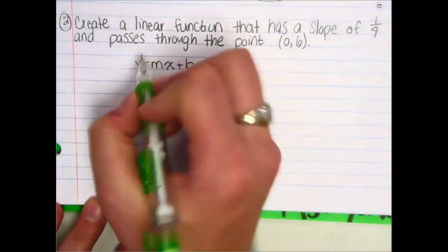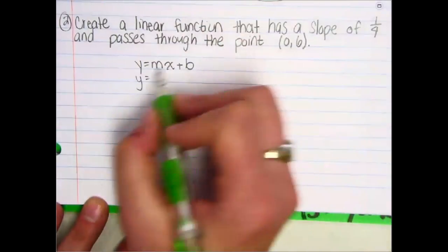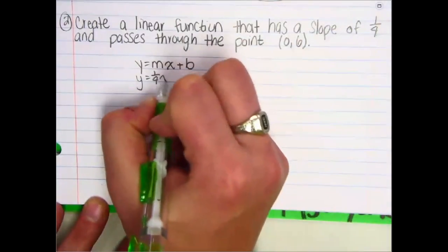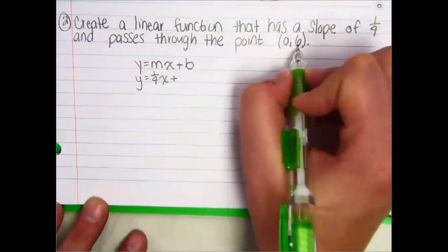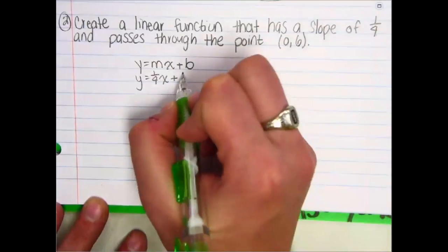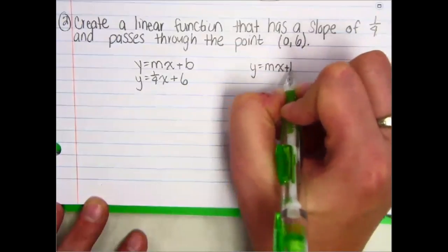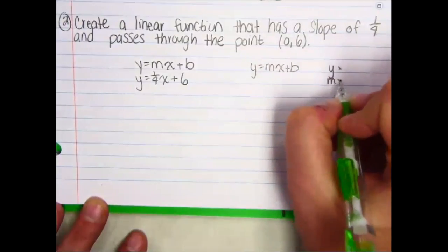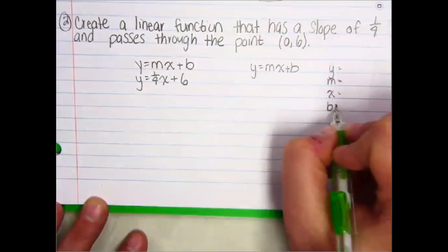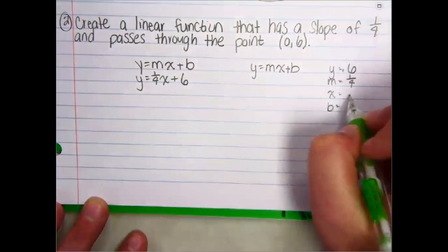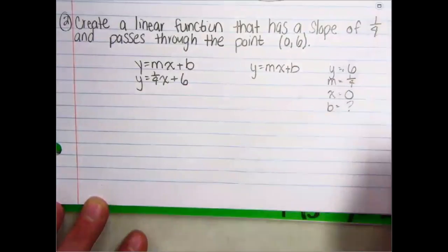Yeah. I don't need a y value here. What's my slope? 1/4. And what's my y-intercept? 6. I know that the y value here is 6, slope is 1/4, x is 0, b is unknown.